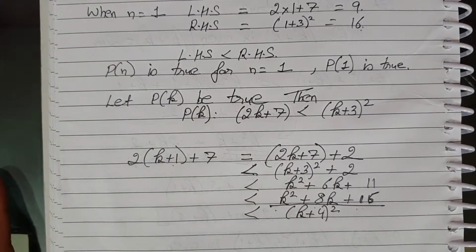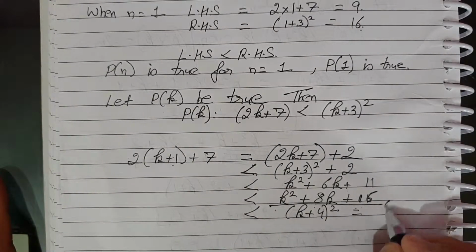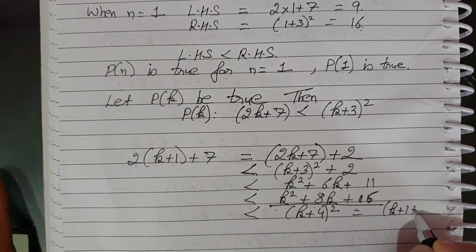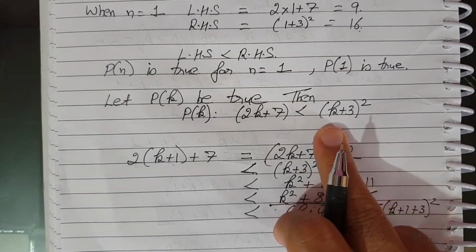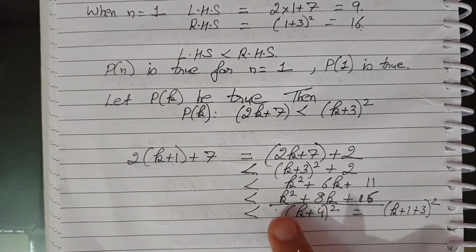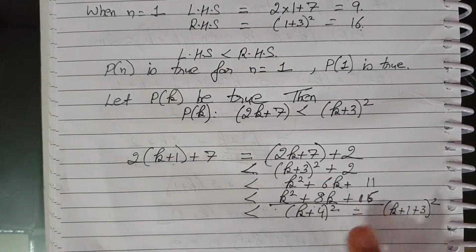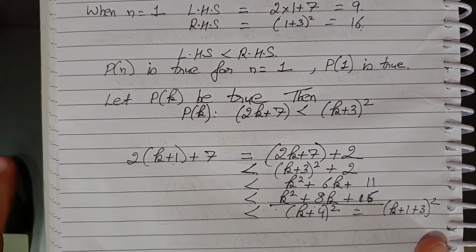So (k plus 4) whole square is equal to (k plus 1 plus 3) whole square, because we have to replace k by k plus 1, so this will become k plus 4. So that's why I made it k square plus 8k plus 16, which is (k plus 4) whole square, which is (k plus 1 plus 3) whole square.